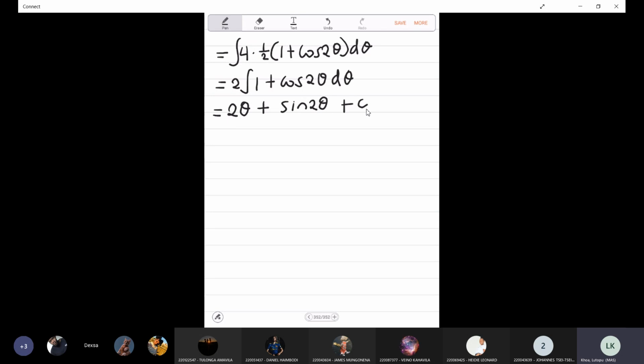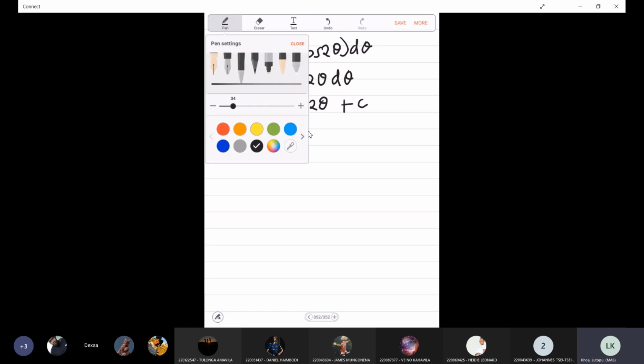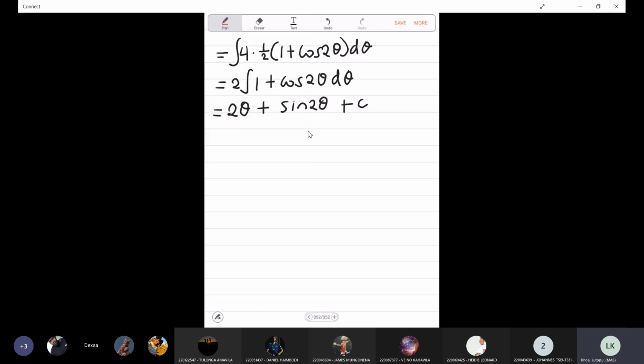So this is the integral, but our integral is in terms of theta, so we need to rewrite it in terms of x. The first substitution we made was to write u in terms of theta, so we can change from theta to u and then from u to x, or if you're able to do it directly from theta to x, by all means, go ahead and do that. So we say that u is equal to 2 sine theta.